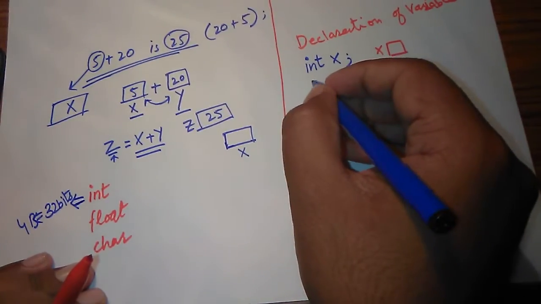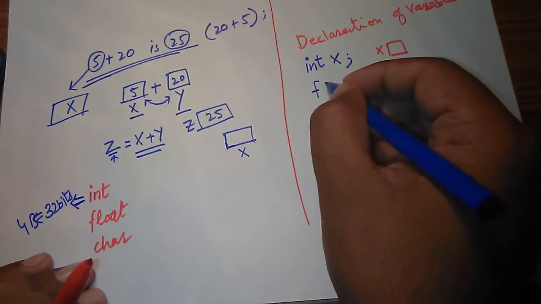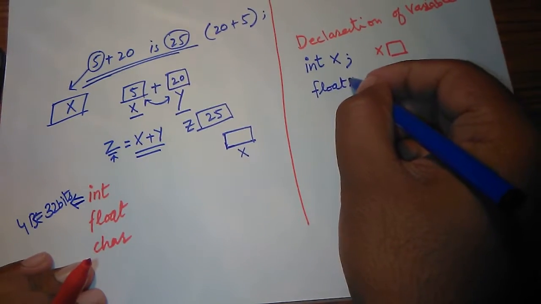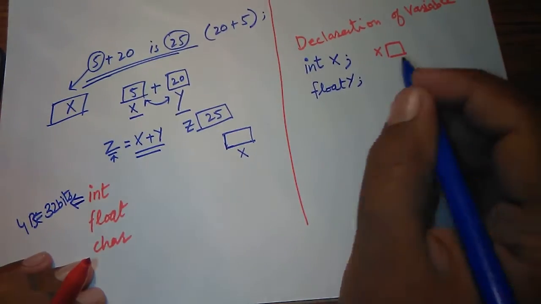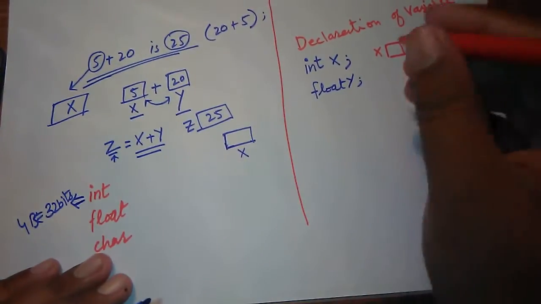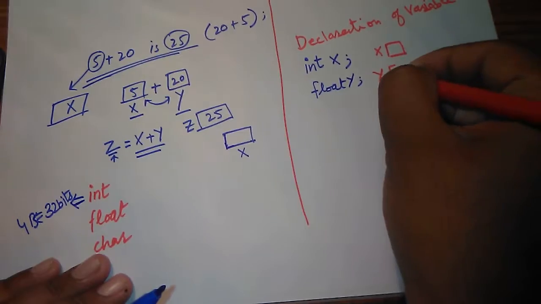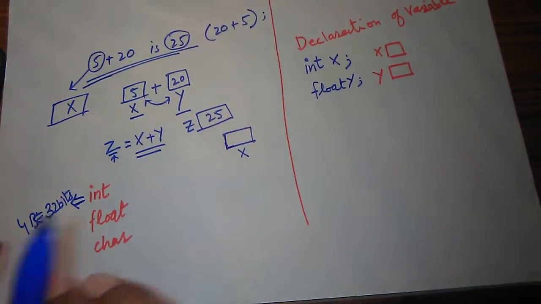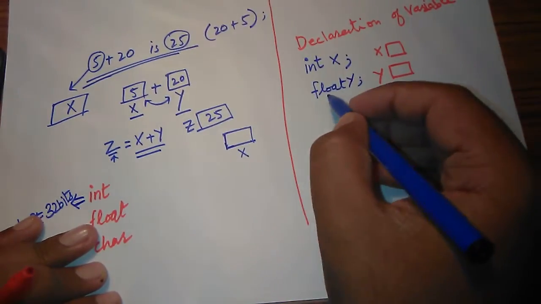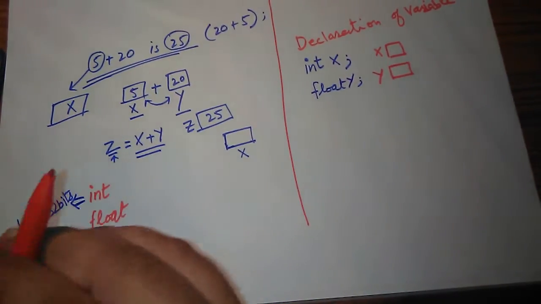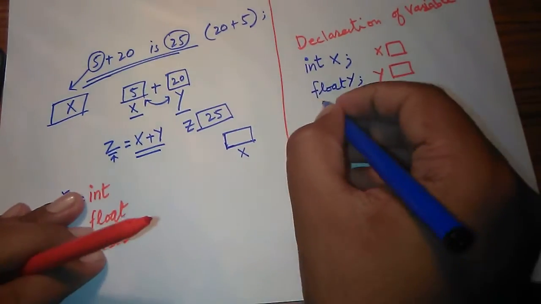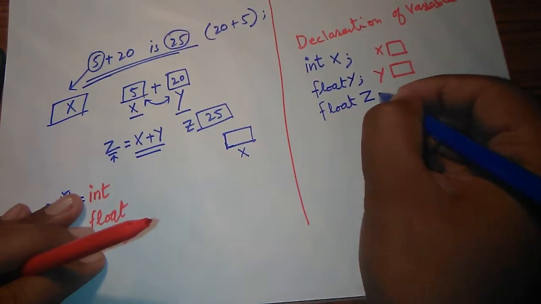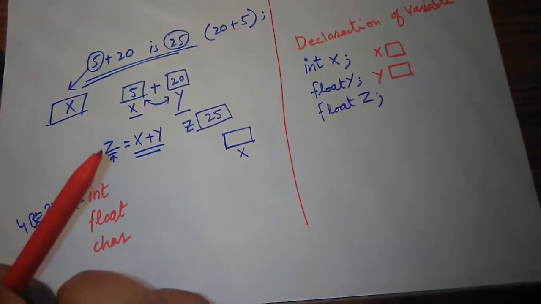Now I want to create another variable. I am creating it as float y. So what will happen in RAM? RAM will create another place for y. Now I want to create another variable with the same data type, float, and I am giving it the name z.